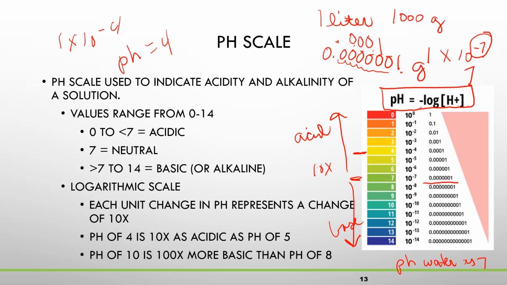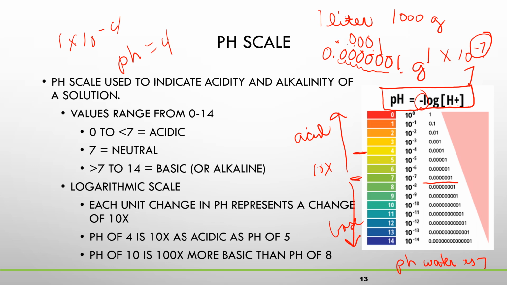So the lower the number, the more acidic, the more hydrogen ions there are. That's always a little bit confusing because you tend to think of a lower number being smaller, but because it's the opposite of a negative number, it's actually bigger. So a pH of 2 is more acidic, with more hydrogen ions, than a pH of 3.